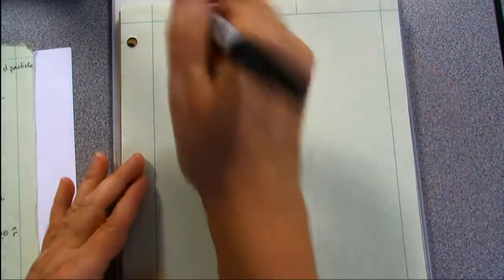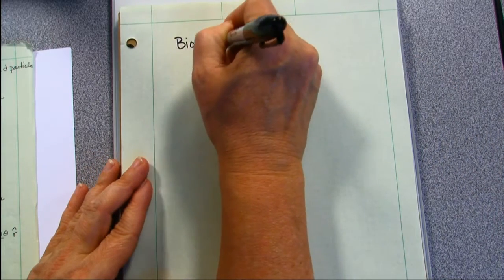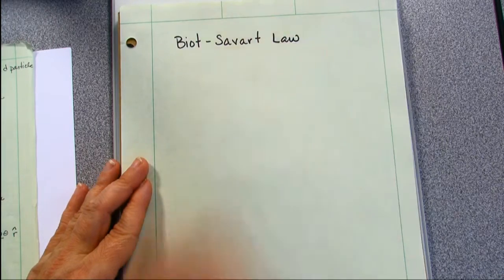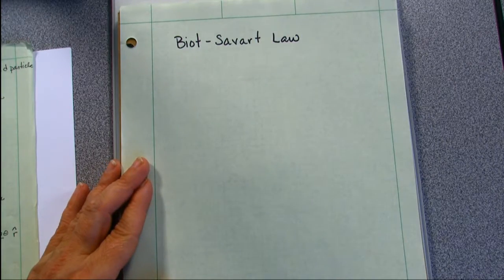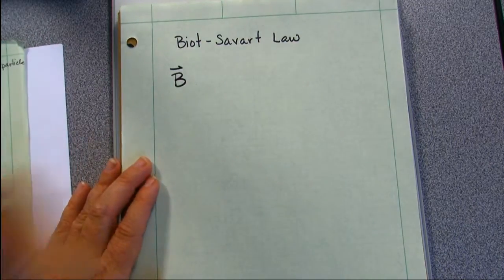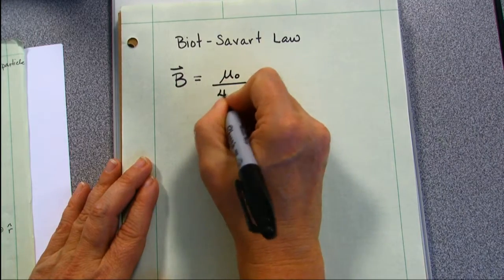So we're going to start with what's known as this lovely thing. I'm going to be working with this. And if we do this, the magnetic field is going to be some constant.